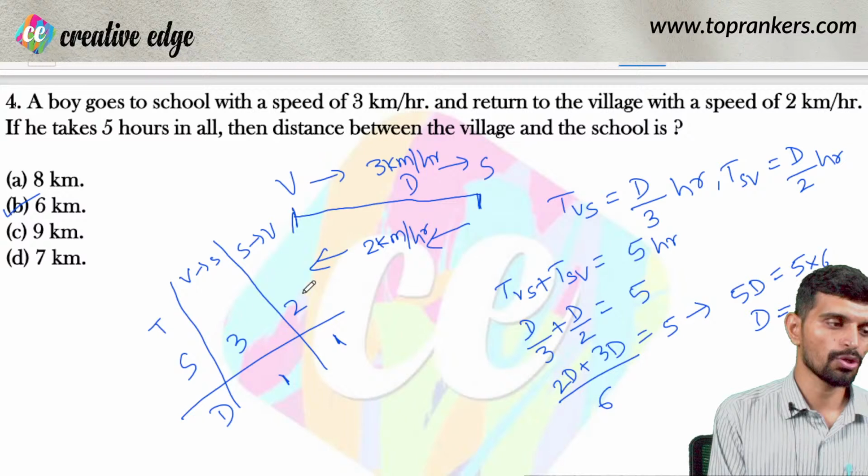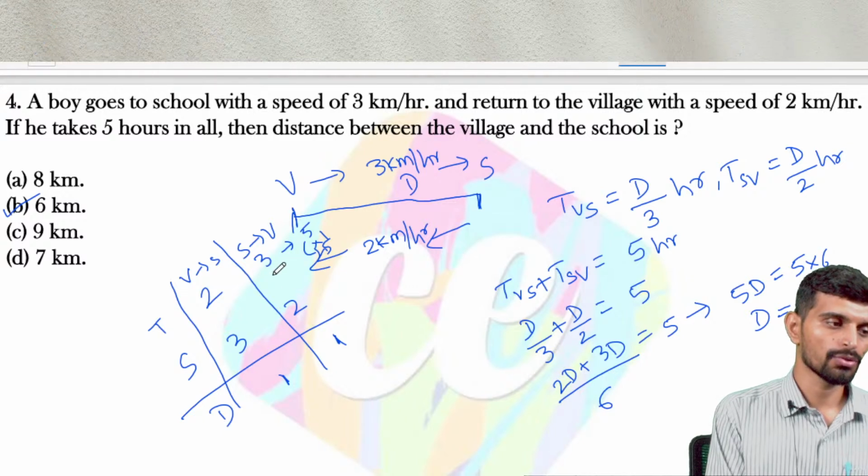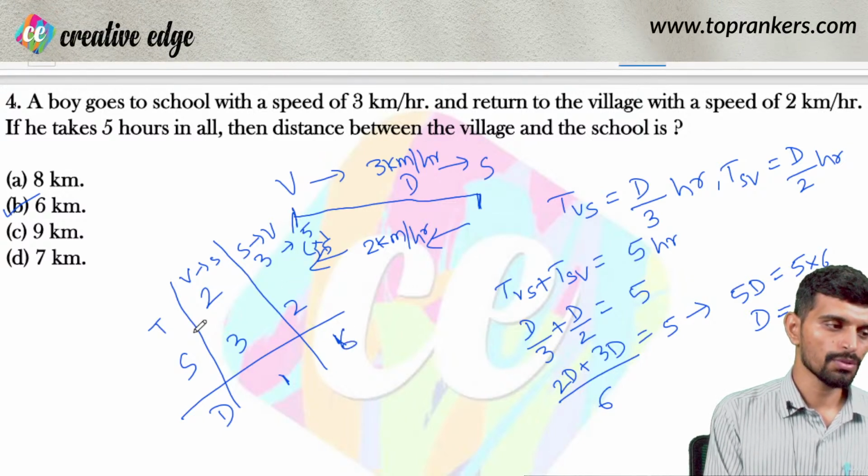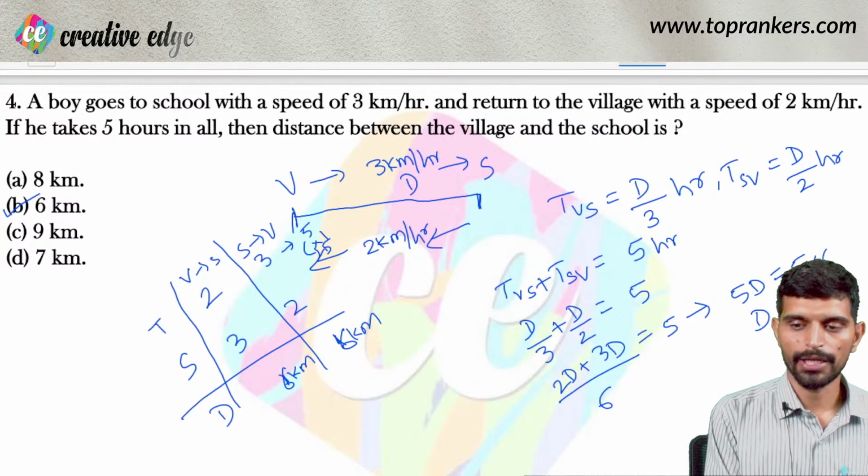So the time should be inverse of speed in ratio, that is 2:3, and the total of this is given as 5. So in actual it is 5, so the multiplier should be 1. So 3 into 2 will give you 6, or 2 into 3 will give you 6 kilometers as the distance. This can also be done.